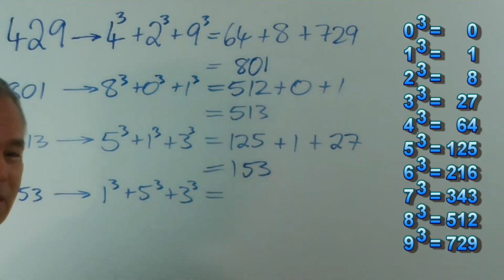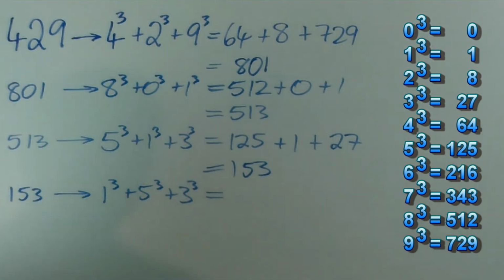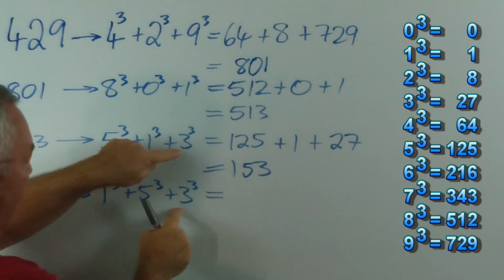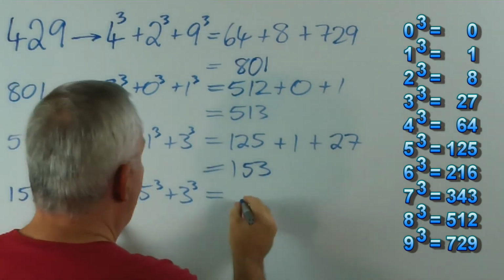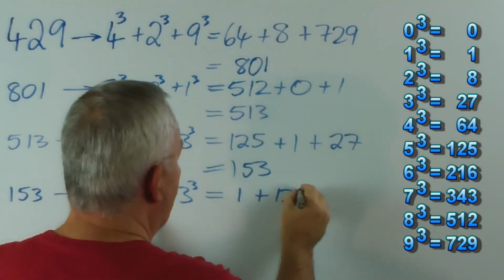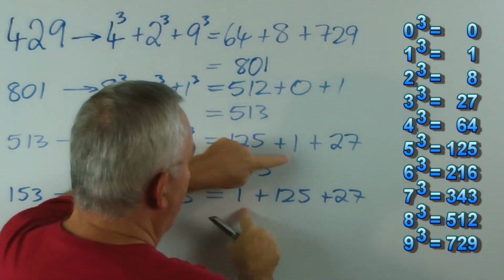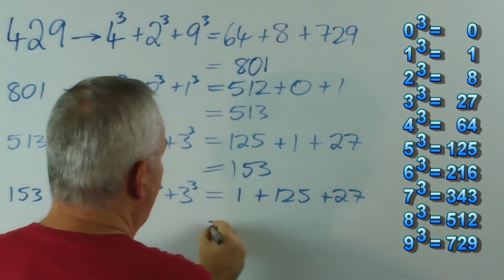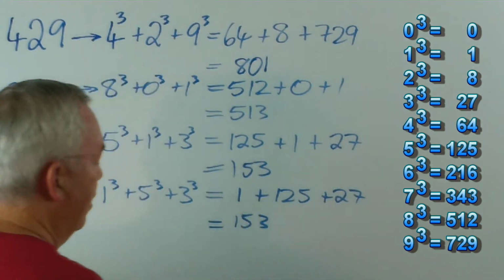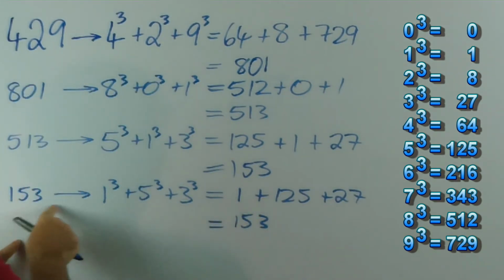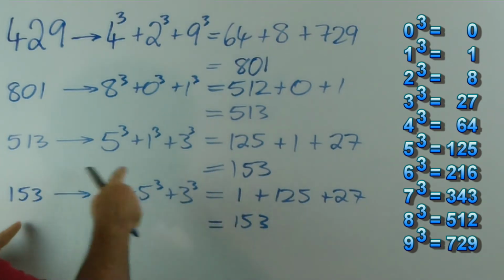I hope you've started to detect something already. 1 cubed is 1, 5 cubed is 125, 3 cubed is 27, and they add up to 153. And of course, if I bring 153 over and do it, this will happen all over again.